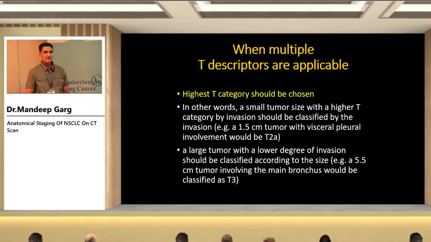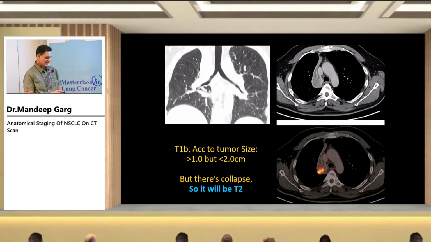I will be discussing only the contentious issues or where there are certain discrepancies, so that we can understand better. Whenever there are tumors where multiple T descriptors are applicable, the highest T category has to be chosen to give the T descriptor. For instance, this is one example. There is an FDG-avid tumor sitting here with associated collapse.